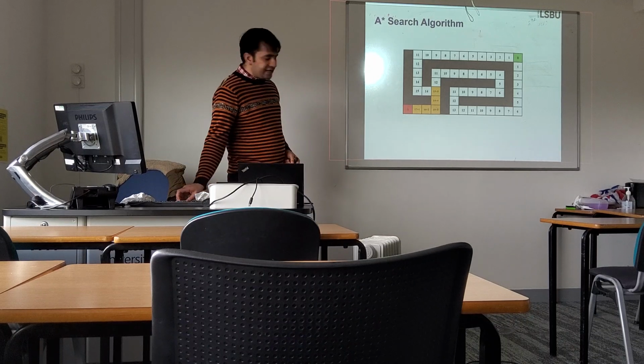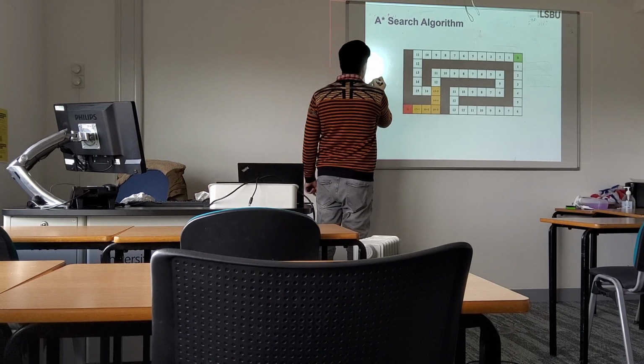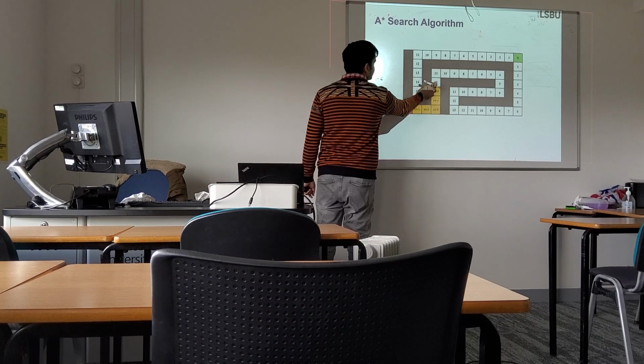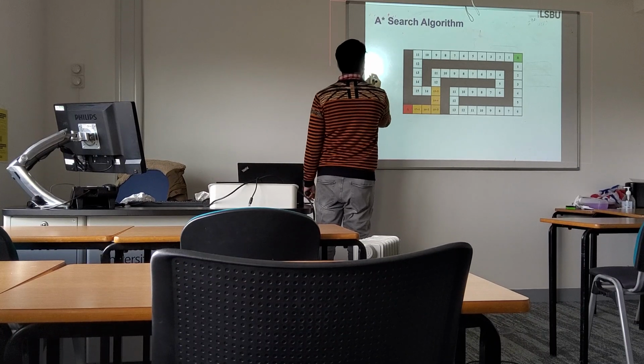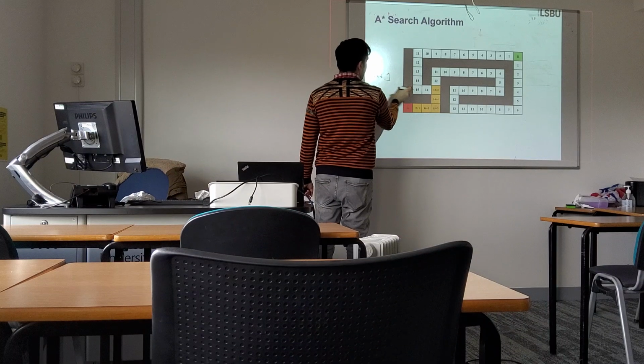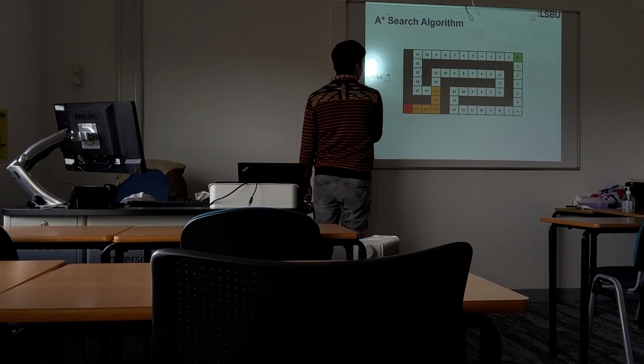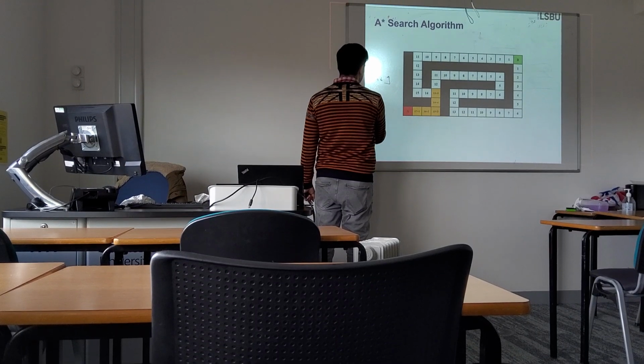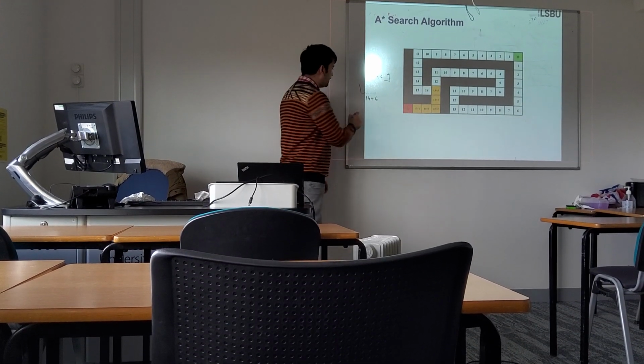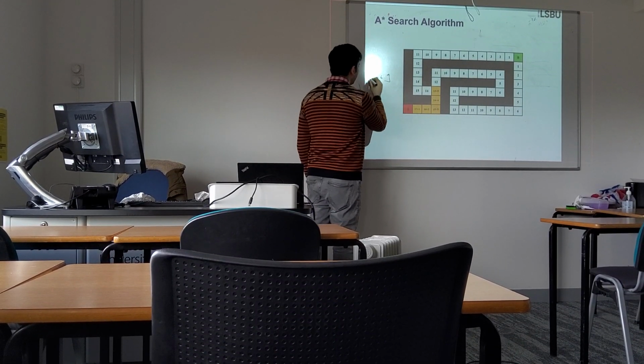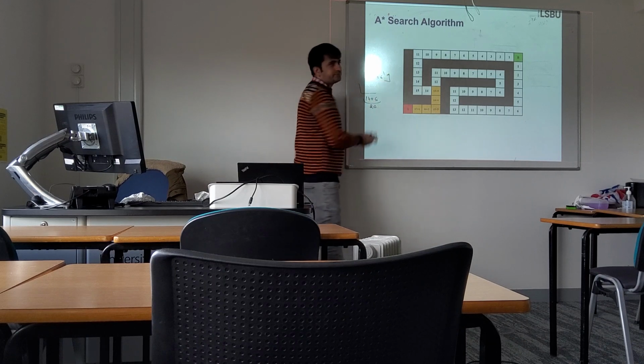It means that here I have two options. 13 plus 6, sorry, 12 plus 6 is this option, and there is another option which is going this side, which is 14 plus 6. It means that here I have 18 and here I have 20, right?